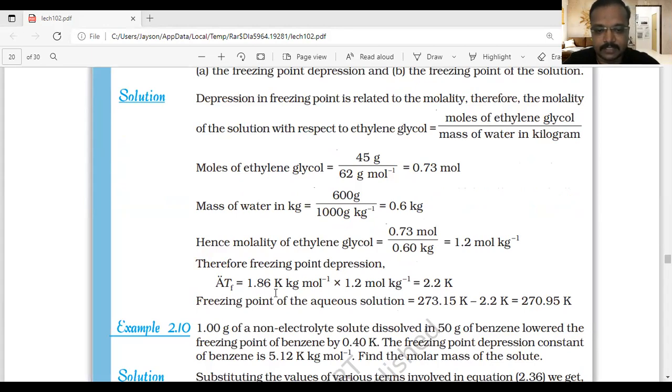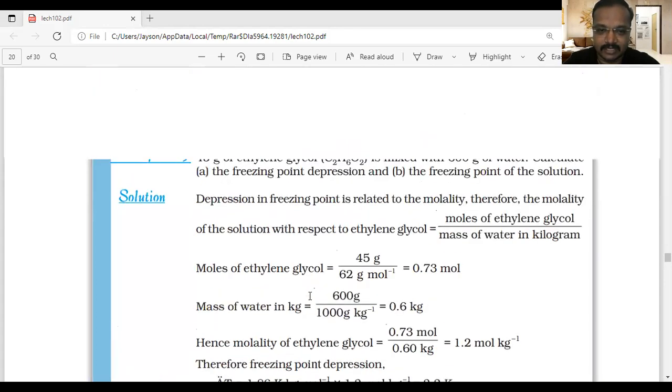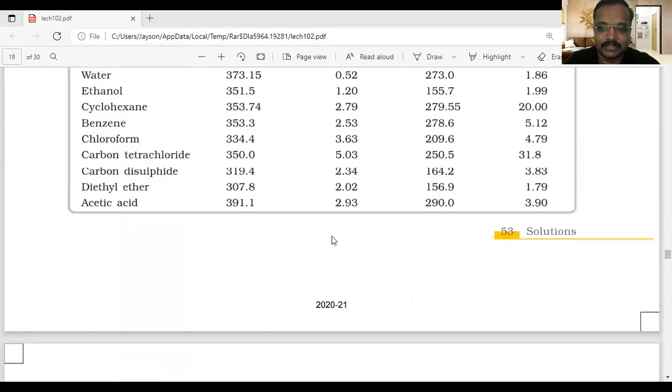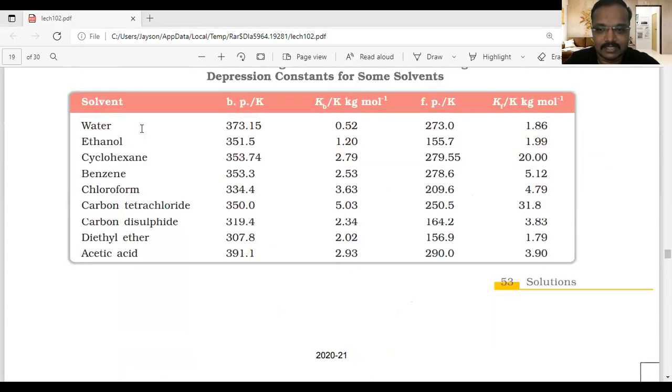Delta Tf is equal to Kf into m. From where do we get this value, 1.86? This is not given in the question. Children, that value is given: the Kf value of water is 1.86 Kelvin kg mole inverse in the table itself.